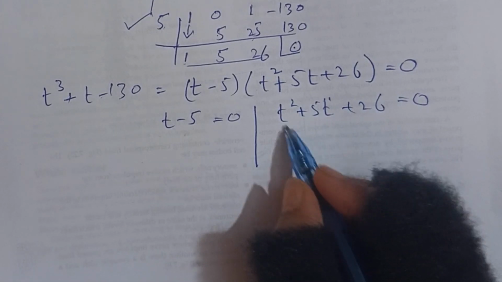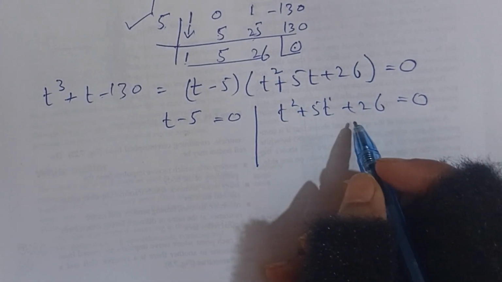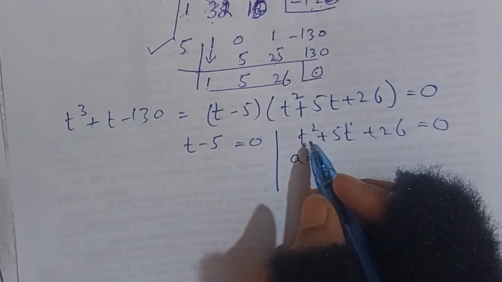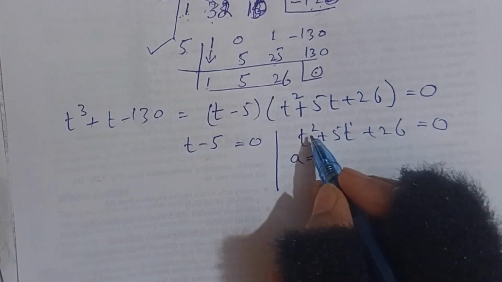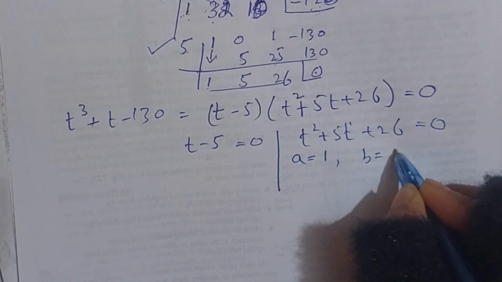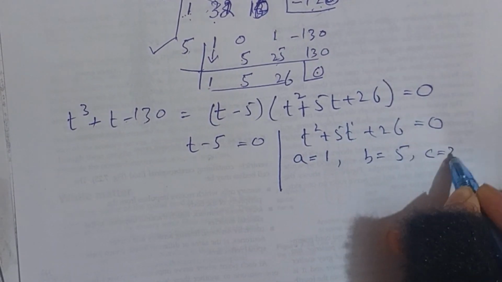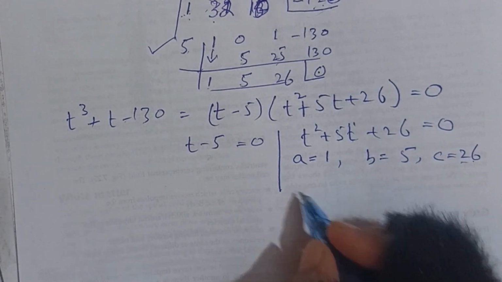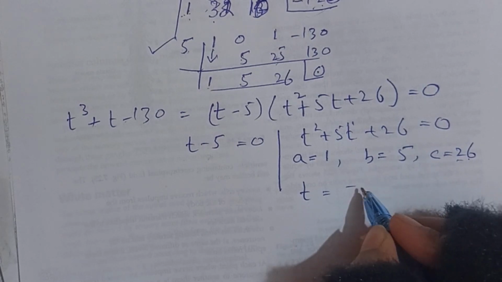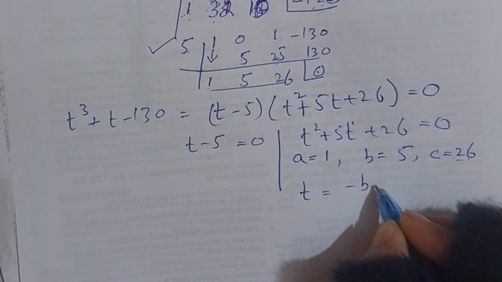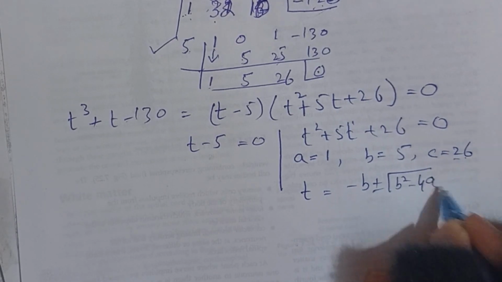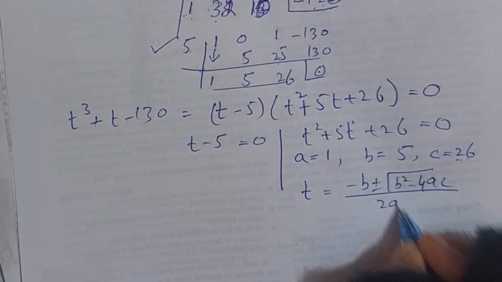So now look at this. This is a quadratic equation, and to solve this we use the quadratic formula. As we know, a is the coefficient of t square, which is 1, and b is the coefficient of t, which is 5, and c is the constant, and in our question it is 26. Now we use the formula. t is equal to minus b plus minus square root of b square minus 4ac over 2a.